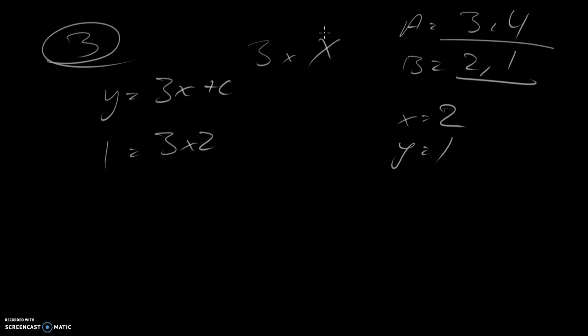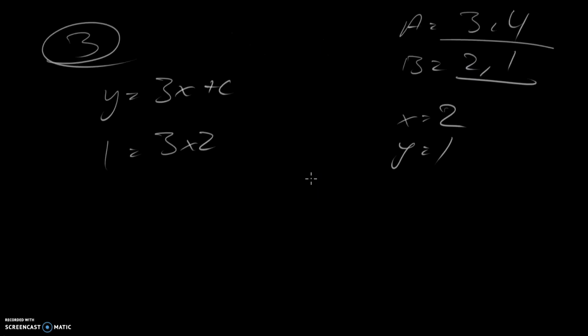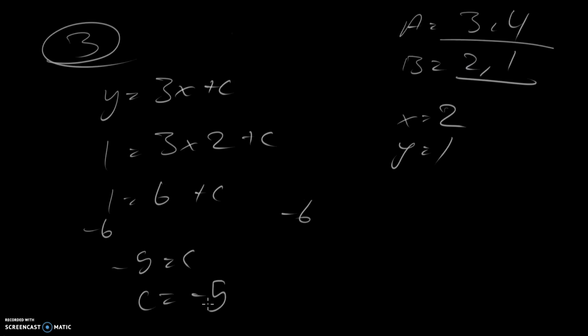So this would be 3 times 2 plus c. 1 equals 6 plus c. Take away 6 both sides because we want c on its own, and we'll get minus 5 equal to c, or c equal to minus 5. Now we just substitute the value of c into our equation, and our final answer should be y equals 3x minus 5.